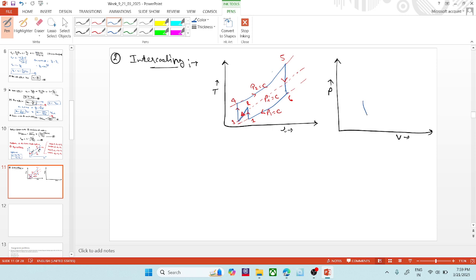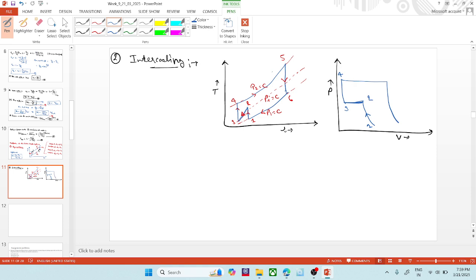So this is point 1 to 2, it is compressed in the first compressor, then 2 to 3 it is intercooled at intermediate pressure Pi, then 3 to 4 it is compressed in another compressor.